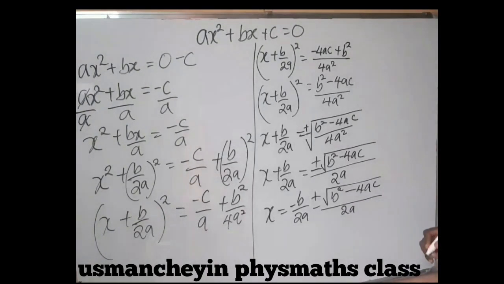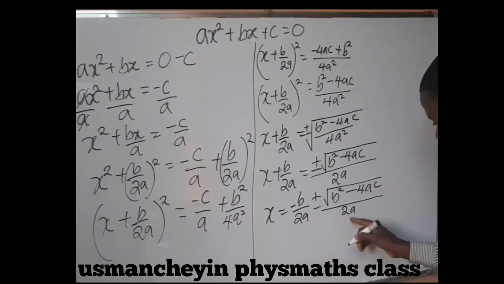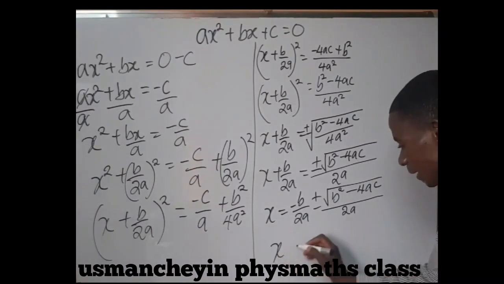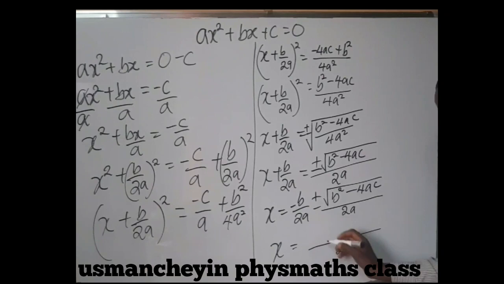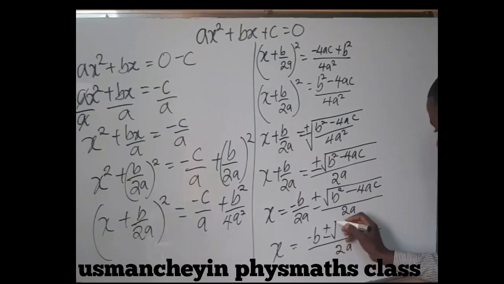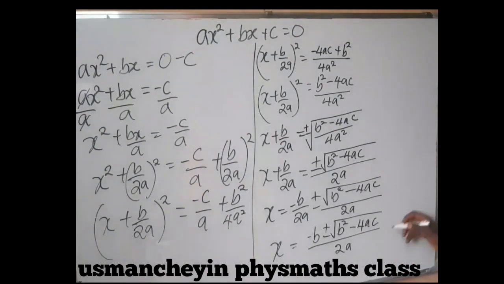Okay, so from that stage, we can now look for the LCM of 2a and 2a, and that LCM will be 2a. So 2a will go into 2a as 2a, so our minus b will come down, plus or minus, then square root of b square minus 4ac.